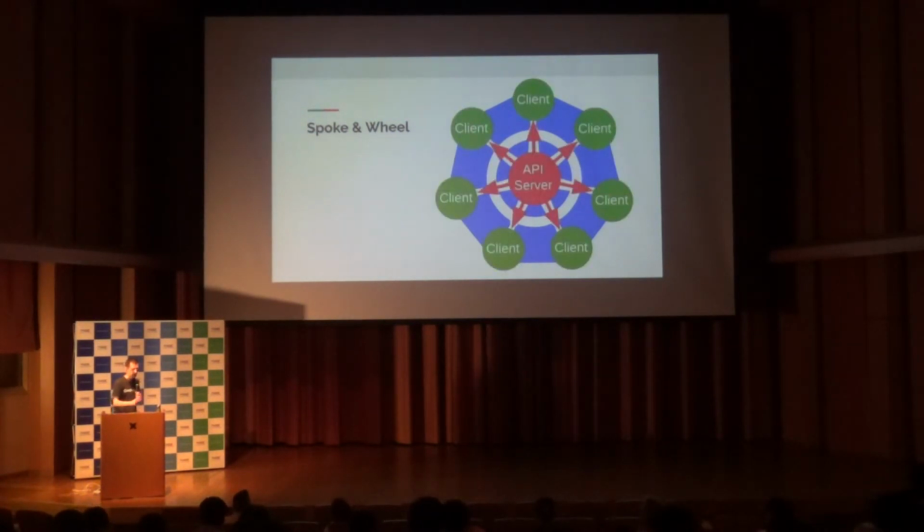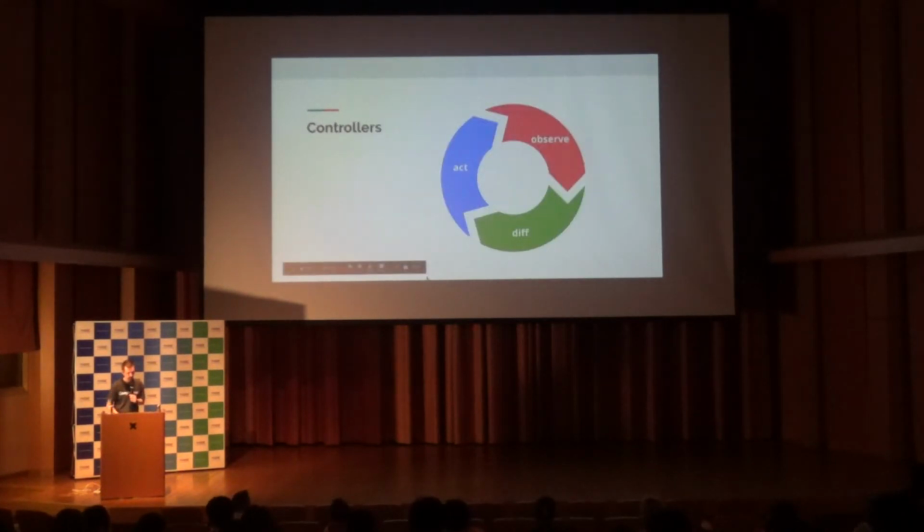So you have something that looks like this, where you have the API server in the center, and then you have a bunch of API clients all around the edge. And what a lot of these clients, the architecture of each of these clients, generally takes the form of a controller or a control loop.